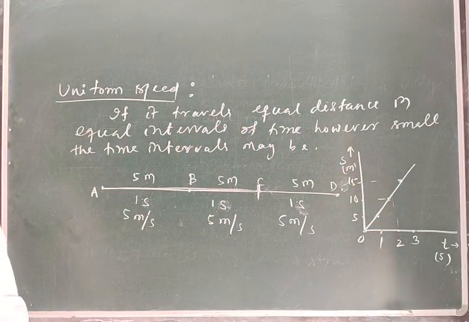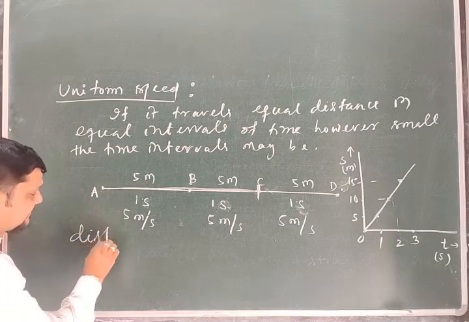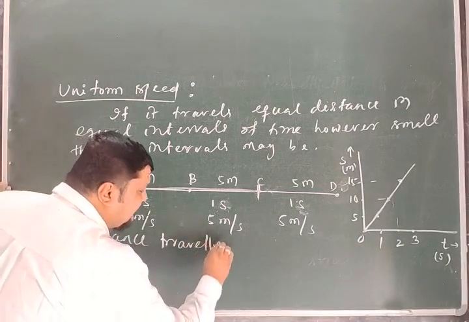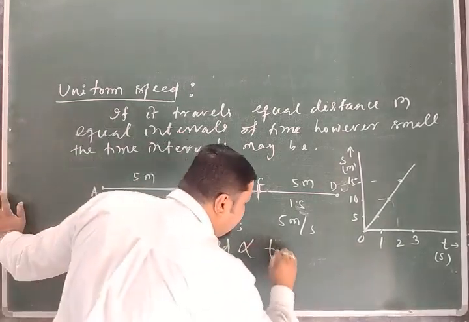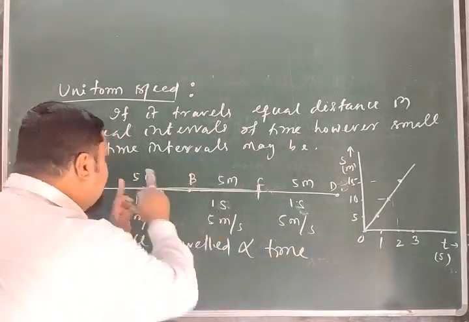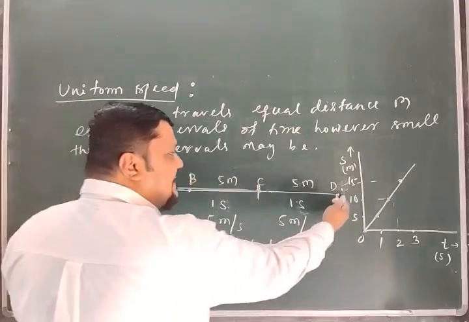When the body is in uniform speed, you find that the distance traveled by the body is proportional to time. From 1 to 2 seconds, 5 becomes 10.